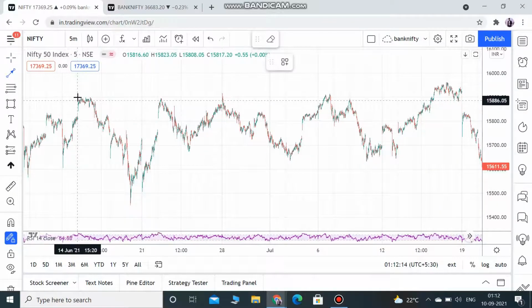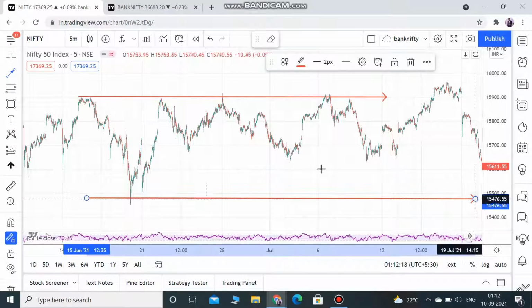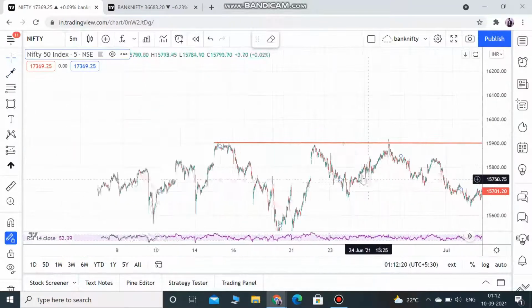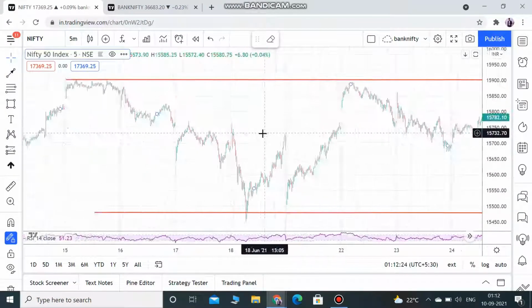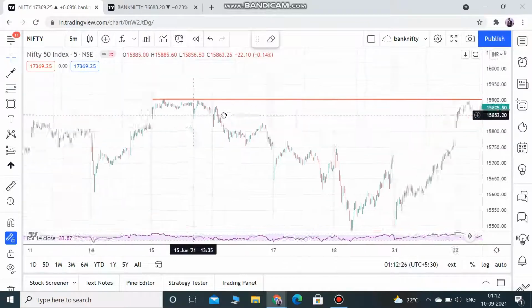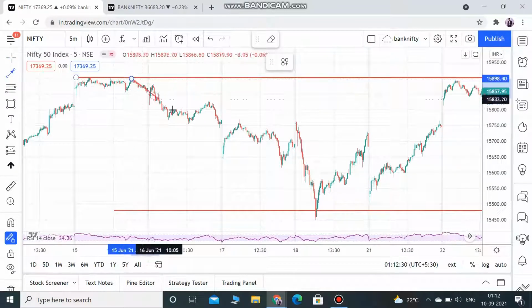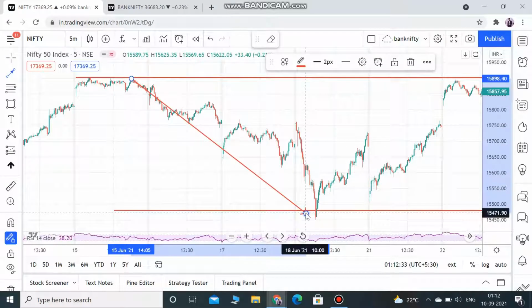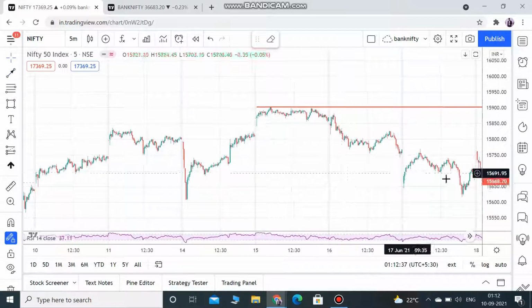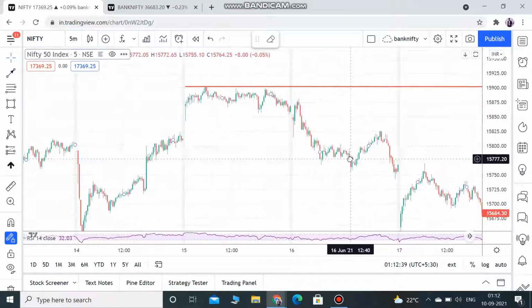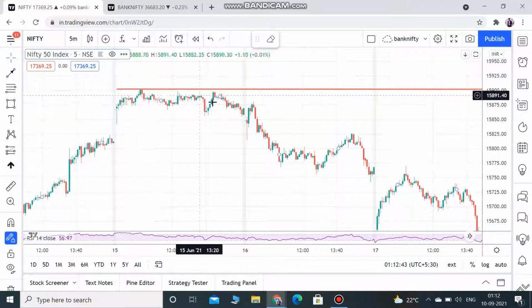Let me consider this as my ranging market. So let me start my journey from this. I see that there is a downtrend here, but basically what I see on a lower time frame is that the market was fluctuating like this.